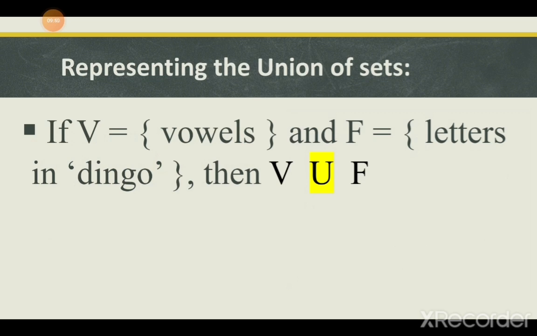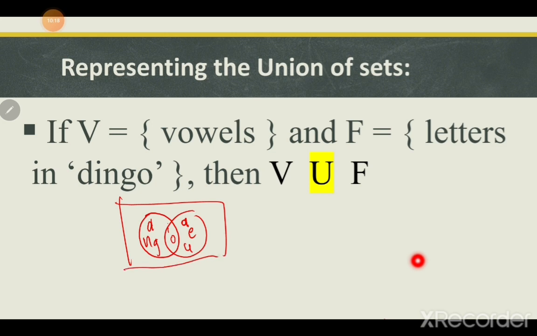So, if you have V union with F, if we will represent it in a union, we have the word dingo, so D, I, N, G, O, and then yung letters ng vowels natin, we have A, E, O, U. So, pag represent mo yan sa isang union, shade natin lahat.